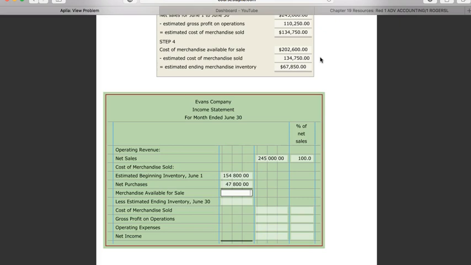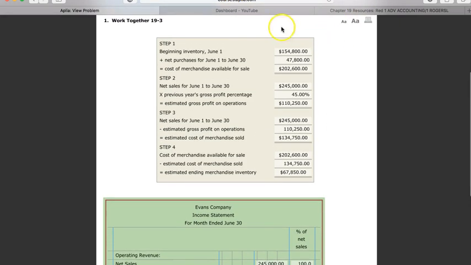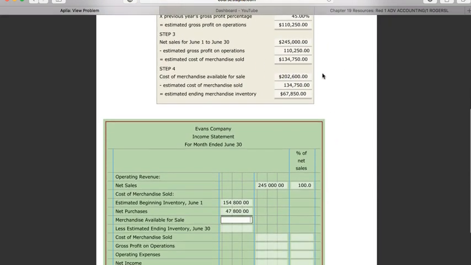Okay, so then our merchandise available for sale. Again, we're going to get all this information from the steps we took up here. So our cost of merchandise available to sell is $202,600. Now we're going to do less the estimated ending inventory on June 30th. So estimated ending merchandise inventory was $67,850. Okay, so now our cost of merchandise sold.